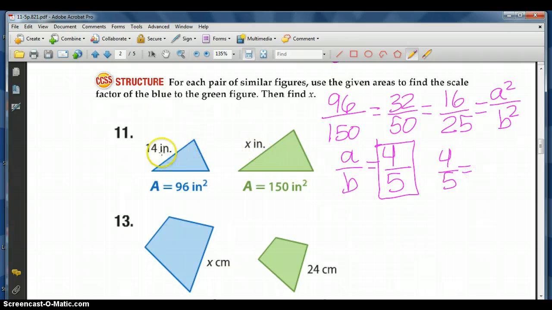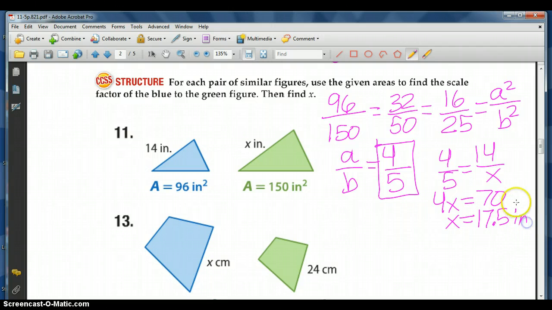So 4 is to 5 as corresponding side 14 is to x. And you cross multiply, and you divide. So x is 17.5 inches.